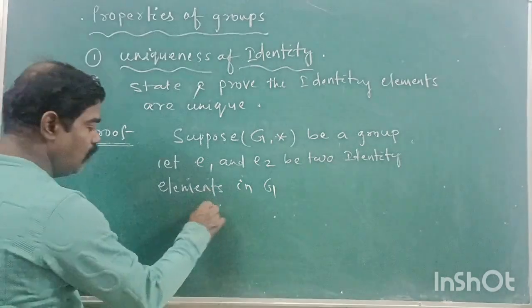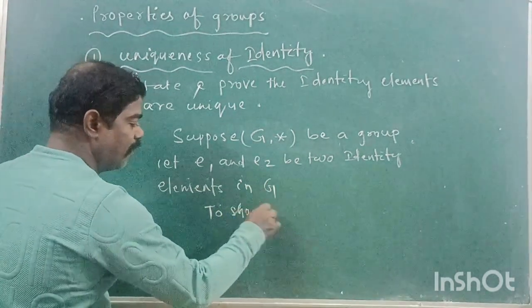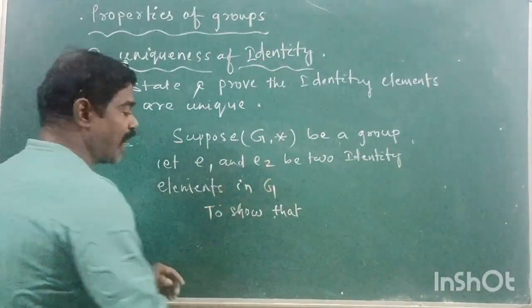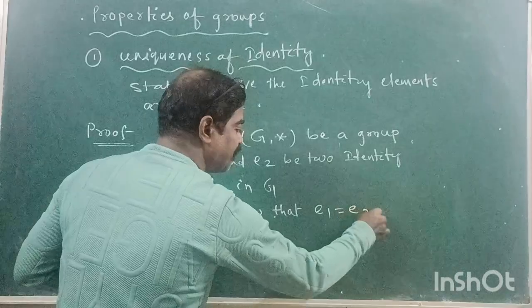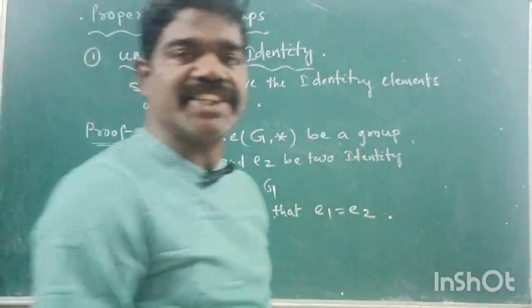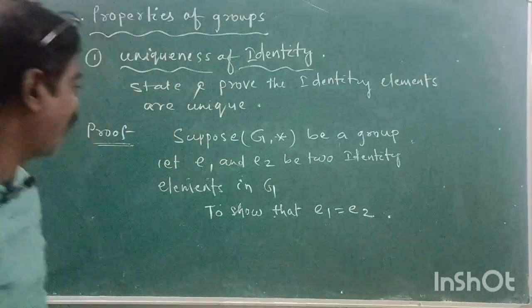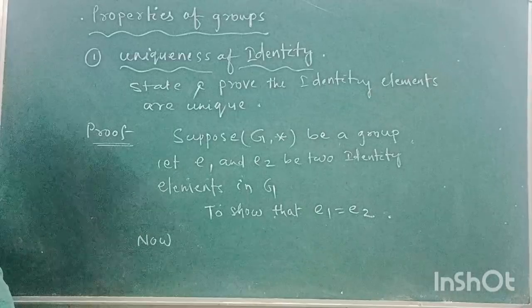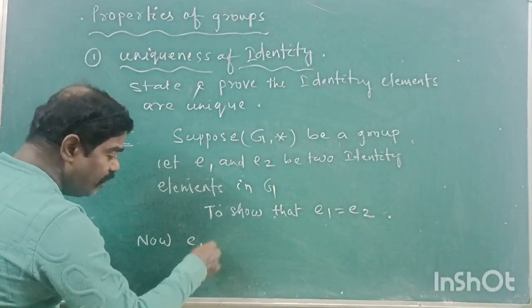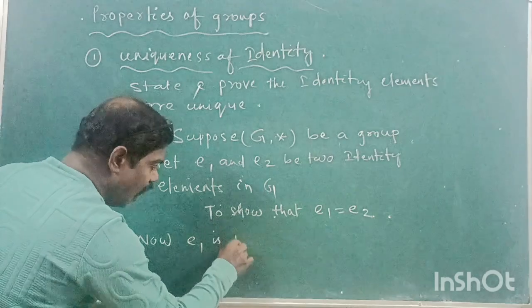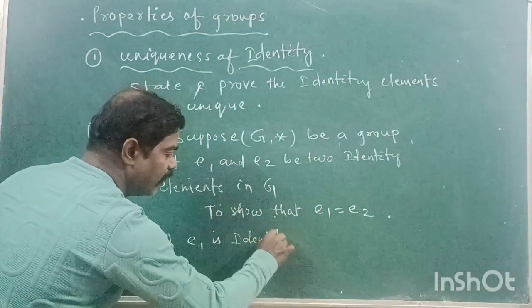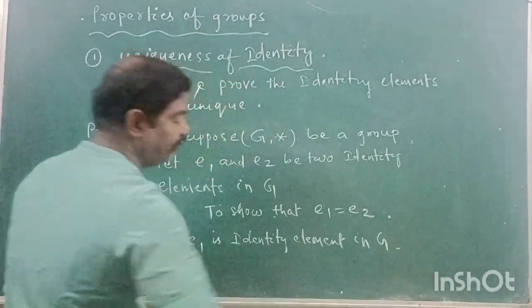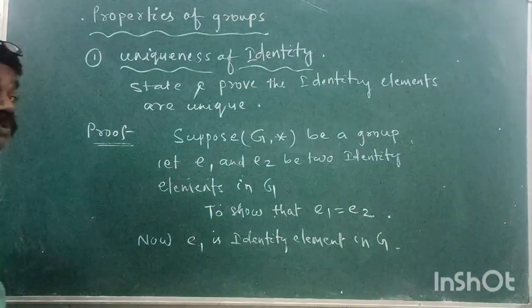What to show? To show that these identity elements are what? Unique. E1 is equal to what? E2. Understand? Okay, fine. I will prove this one. Now, E1 is the identity element in G. So what is the identity property?